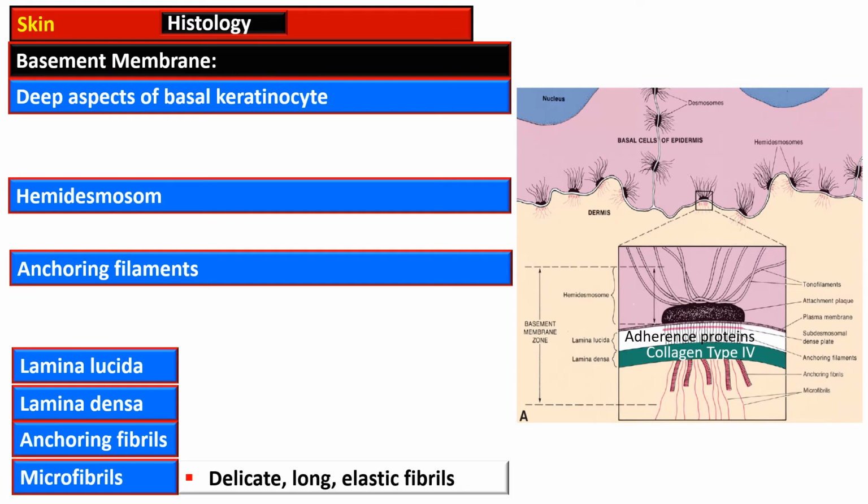These are thin reddish microfibrils that are delicate long elastic fibrils. So from outer to inner side, the basement membrane parts are the deep aspect of the basal keratinocyte, hemidesmosome, anchoring filament, lamina lucida, lamina densa, anchoring fibrils, and microfibrils.